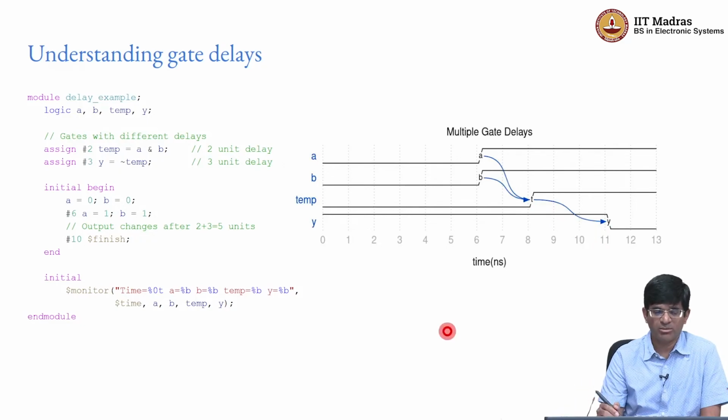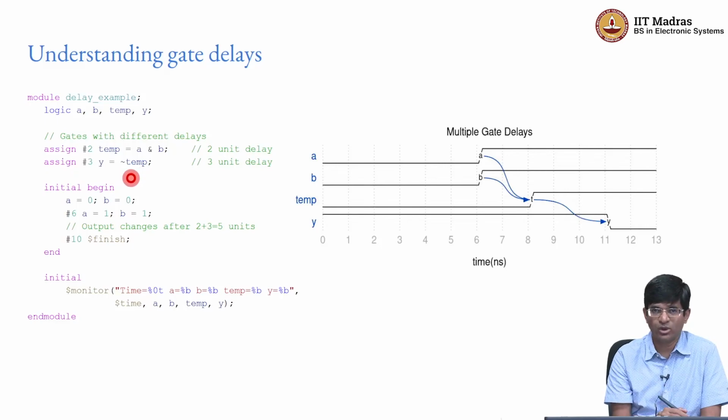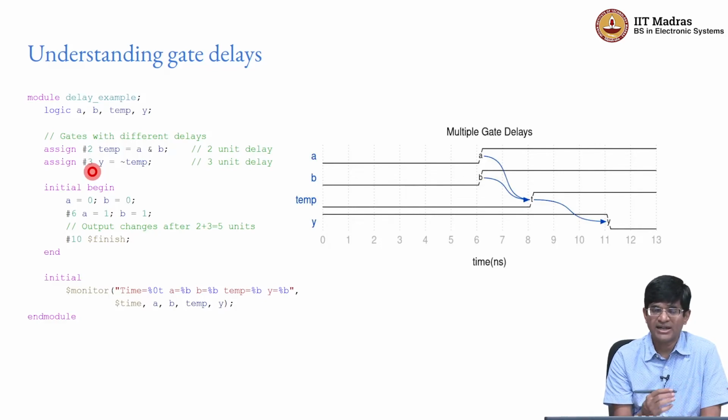The important thing to keep in mind is you can use this in order to model certain gate delays if you want. However, keep in mind that Verilog is only a modeling language, right. The fact that I assign something with a #3 delay out here does not mean that my physical inverter that I use for building up my circuit actually has a delay of 3 nanoseconds.